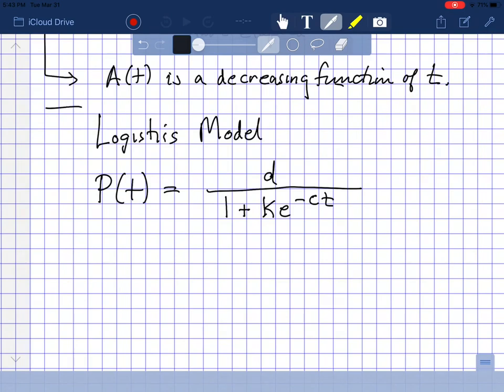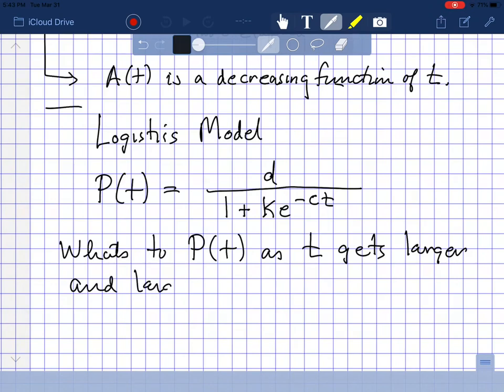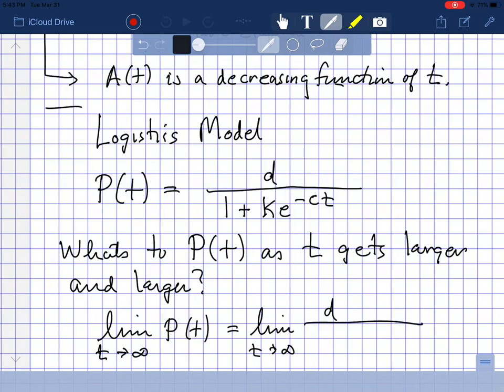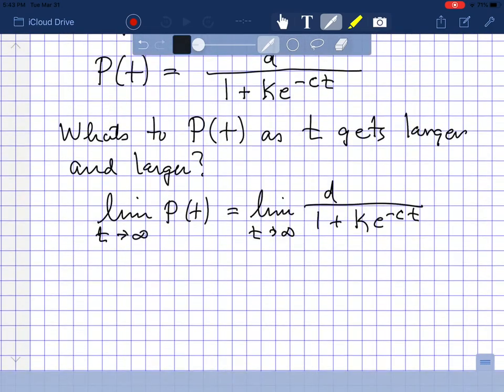Question: what happens to P of t as t gets larger and larger? Another way of writing this question is to ask, what is the limit as t goes to infinity of P of t? So this is equal to the limit as t goes to infinity of d divided by 1 plus k times e to the minus ct. Who knows what's going to happen?